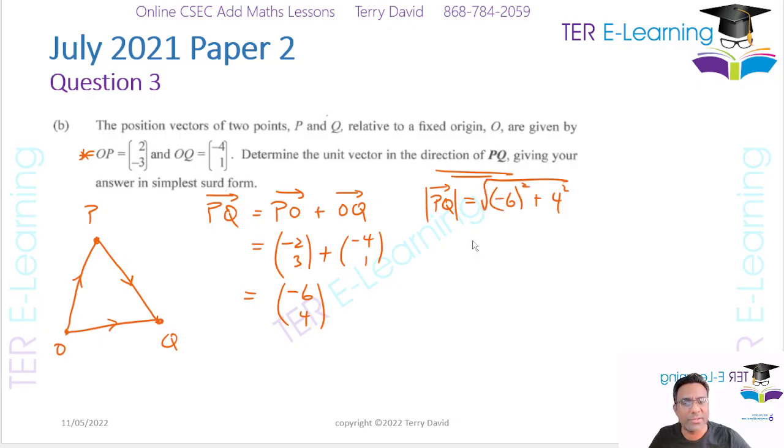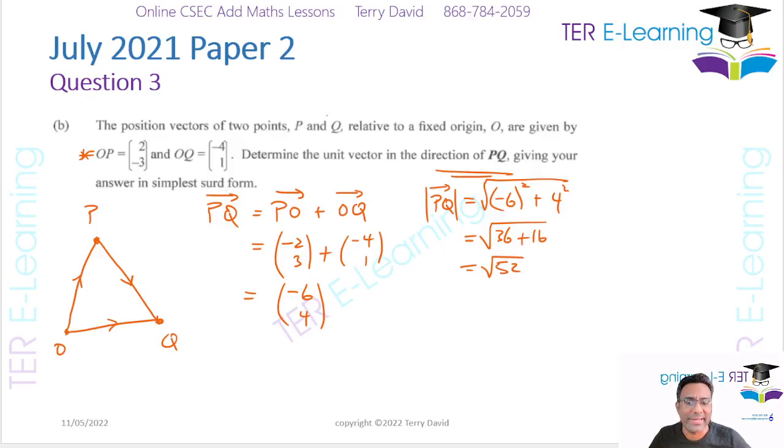Minus 6 squared is 36, plus 16, and that is going to give me 52. So this here is the square root of 52.